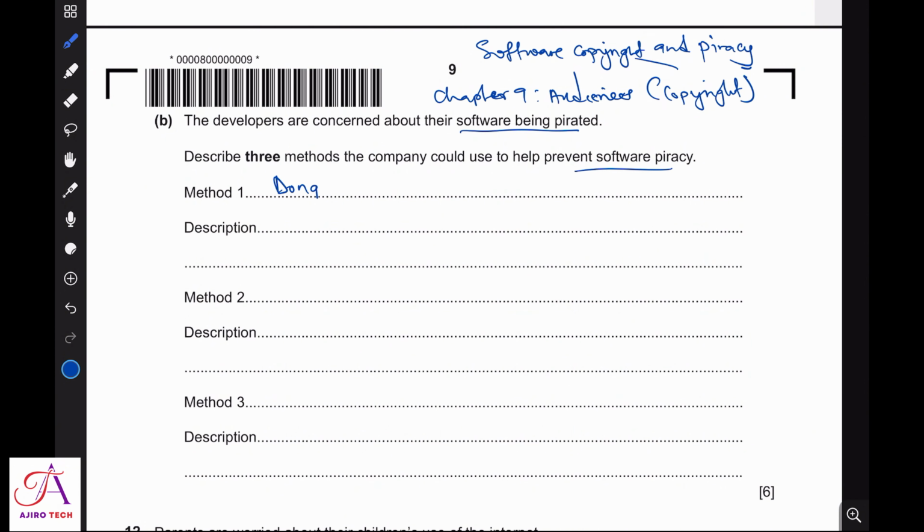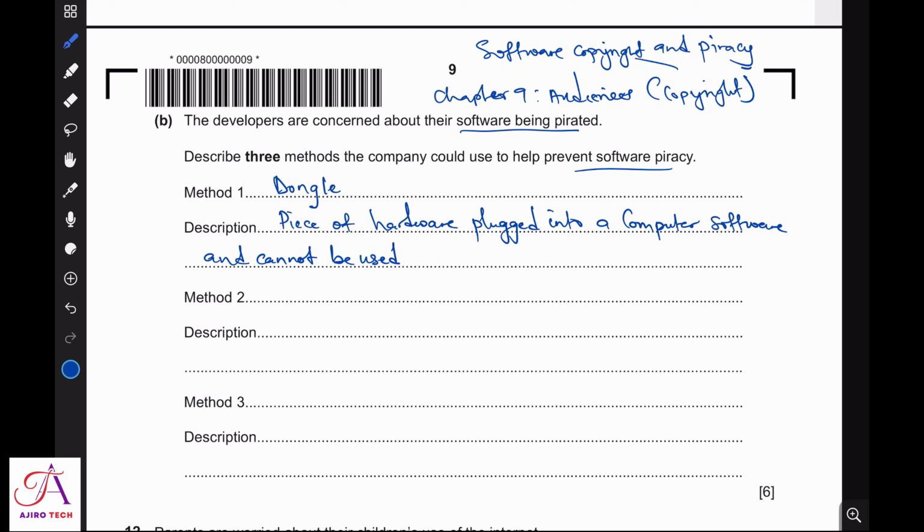A dongle is a piece of hardware plugged into a computer, and the software cannot be used without it.